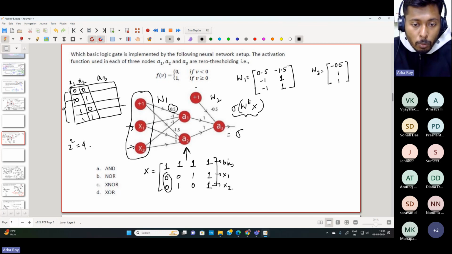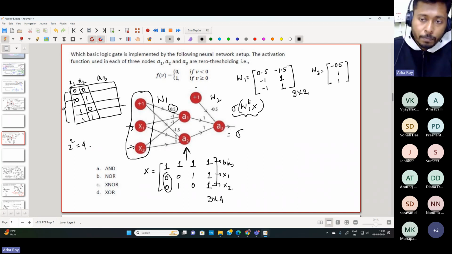Okay, so over here the shape is 3 cross 4 and your weight 1 is 3 cross 2. So we'll be transposing this whole thing.